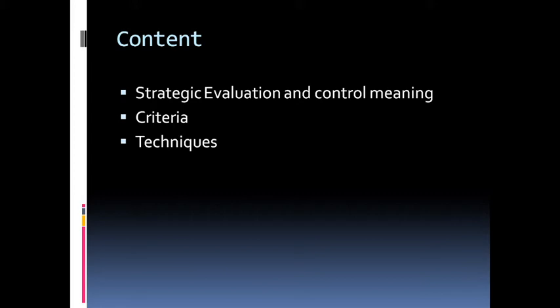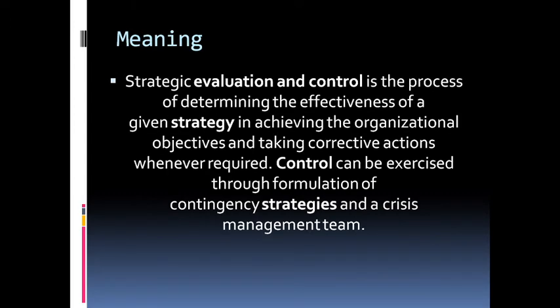Let's look into the formal definition of strategic evaluation and control. As you can see here, it is a process that helps to determine the effectiveness of a given strategy, whether the organization has achieved the decided strategy with effectiveness or not.